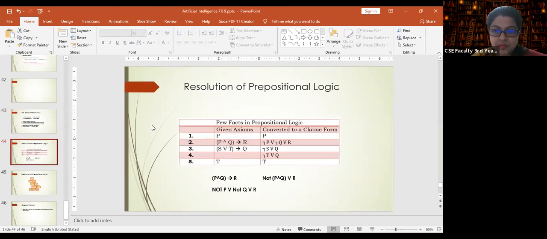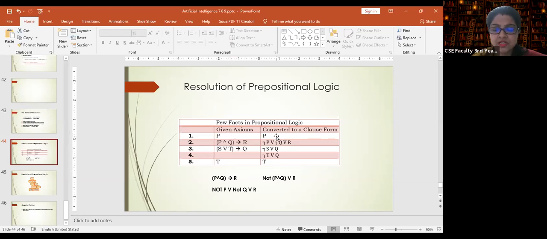Now suppose we have a set of rules. All the set of facts are indicated by using variables like P, Q, R, S, T. And the given axioms are these: P, and P and Q implies R, S or T implies Q. So these are all the given parts.